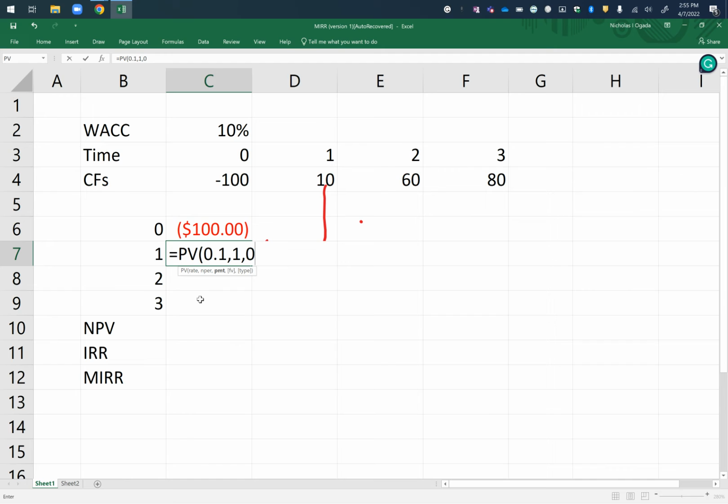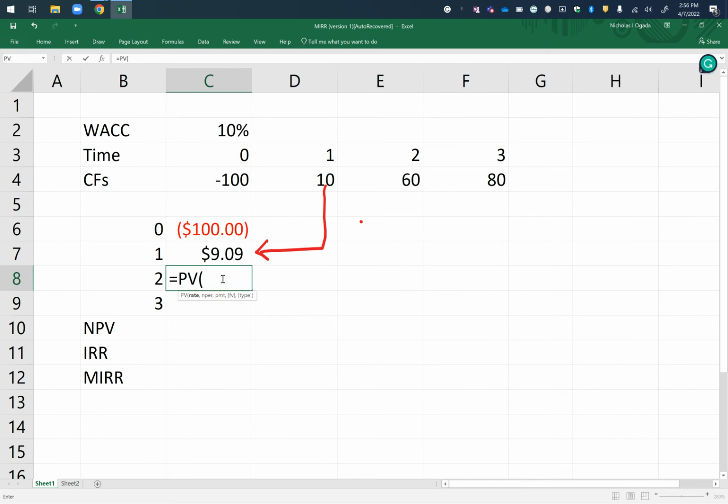The payment is 0, and the future value, which is what you'll be receiving one year away, is $10. And again, we assume these payments are at the end of the period, and we find that the present value of $10 is $9.09.